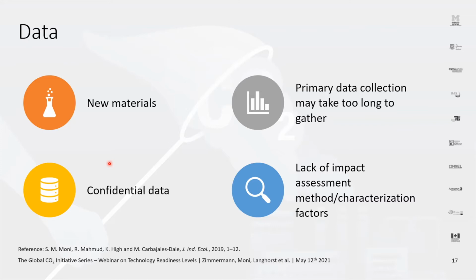Primary data collection may take too long to gather, while the technology development process is fast paced. For TEA, how to calculate the capital expenditure or the operational cost based on this initial process description is really difficult. Data limitations also come with a lot of uncertainty, so how to fill this data gap and get quality data is another issue.